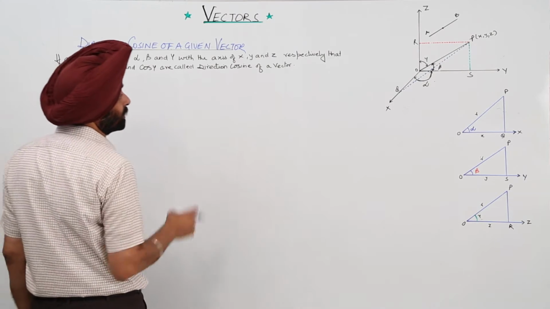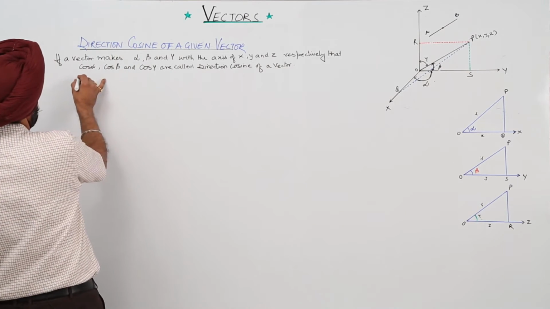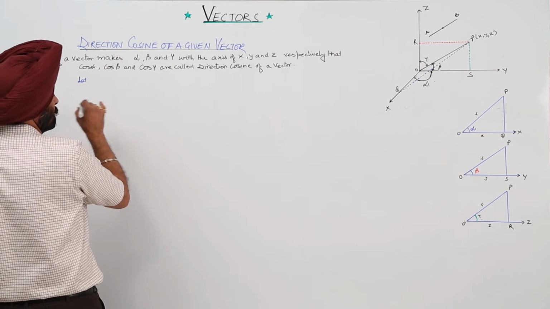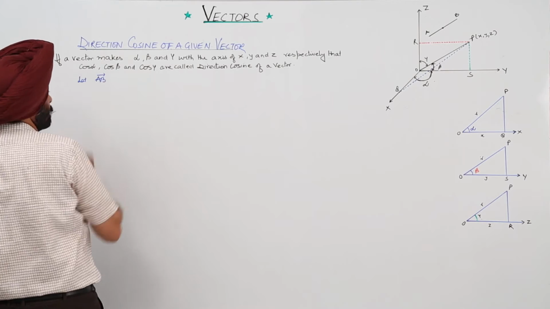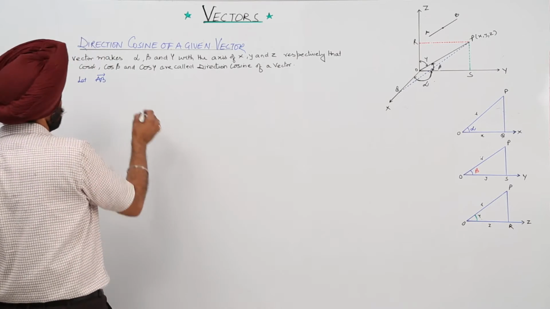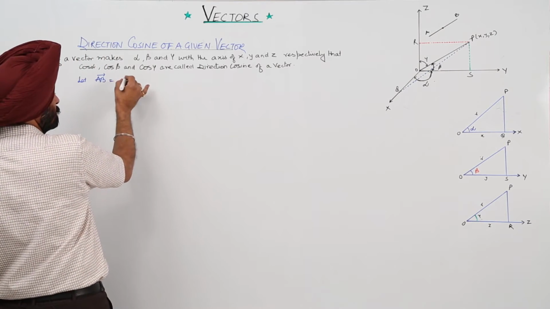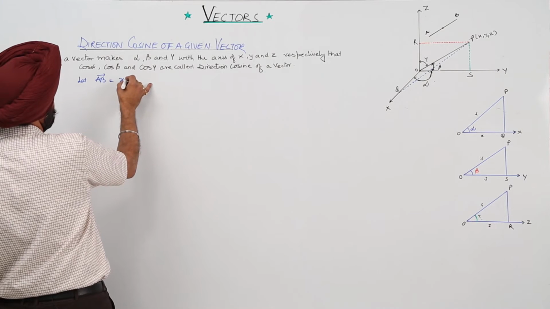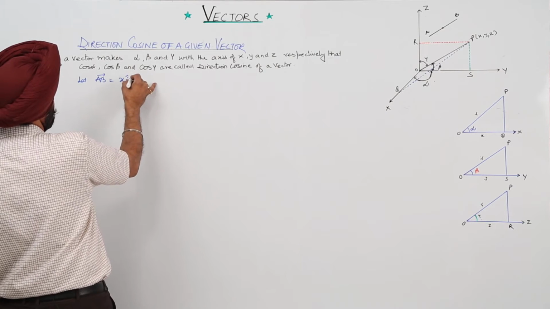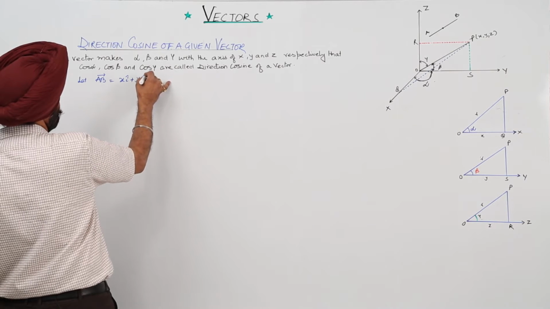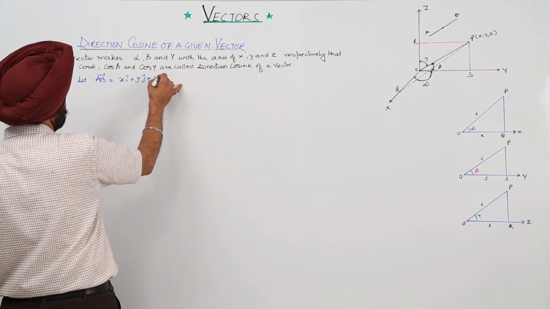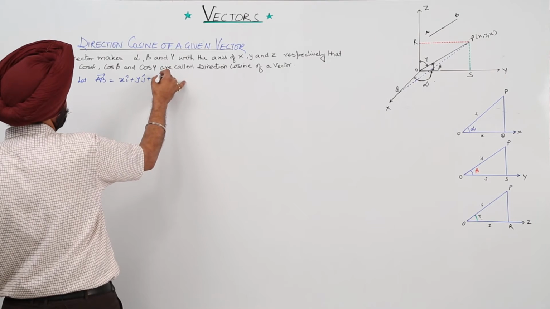Now, we are having a vector AB. Now, let AB vector is equal to x i cap plus y j cap plus z k cap.